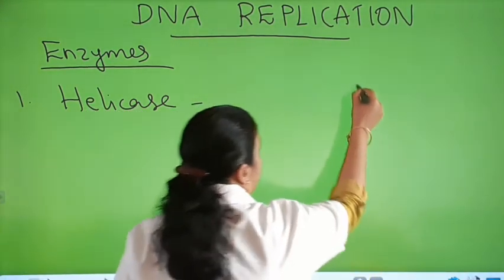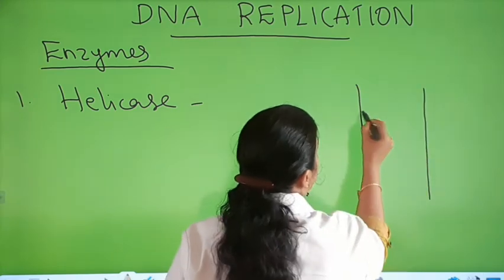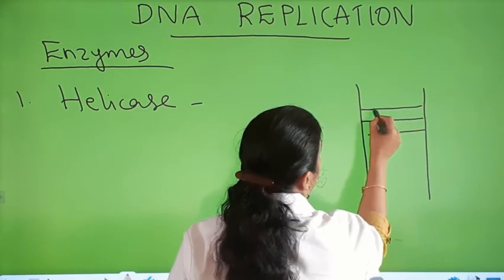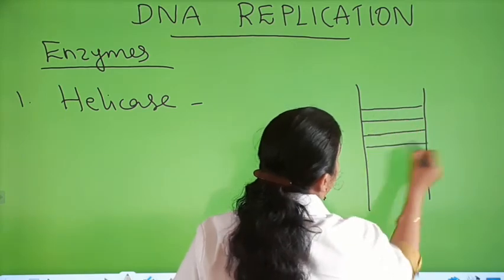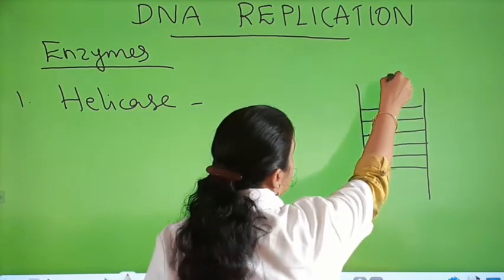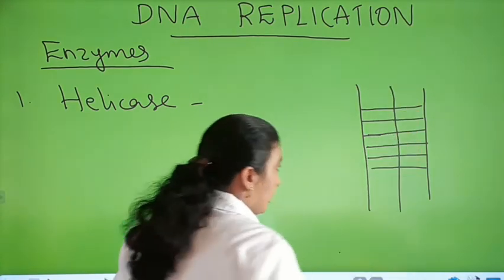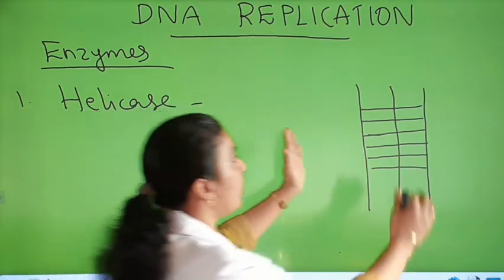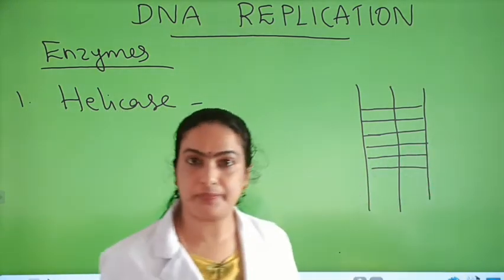For example, if these are the two strands, in between them the nitrogen bases are linked by hydrogen bonds. These hydrogen bonds are broken by this helicase enzyme so that the strands separate.